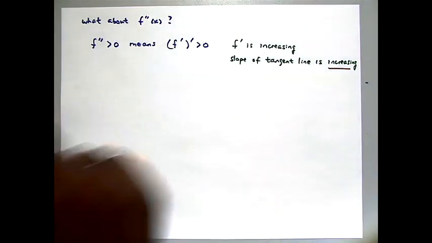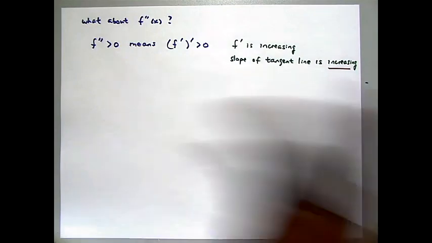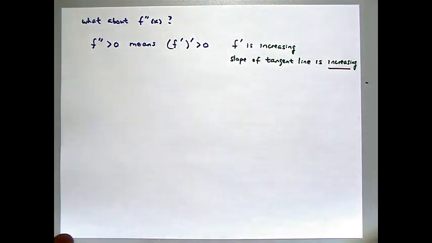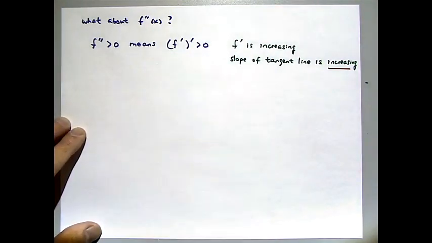What f prime itself is doing is not contained in this information. If it's both negative, you can say the slope of the tangent line is negative at that point and it's decreasing near that region. But you're getting too far ahead. All we're saying is that something prime is positive means something is increasing. That is all we're looking at here.